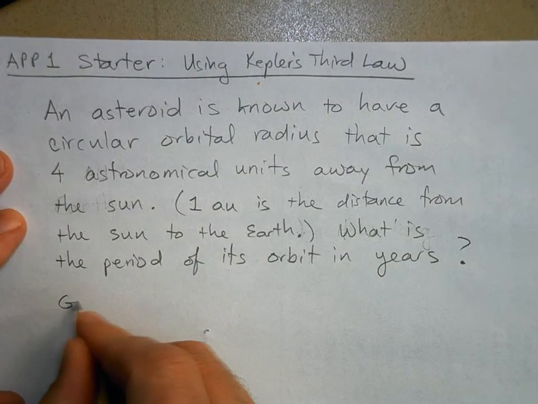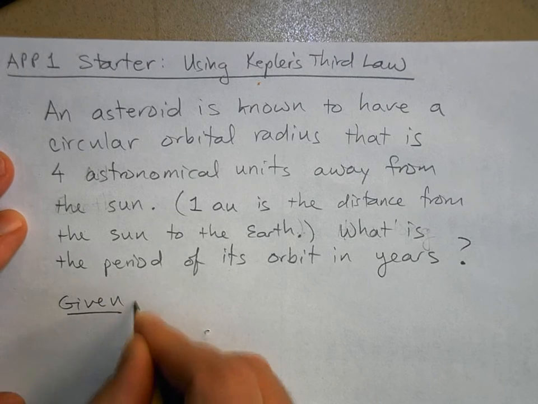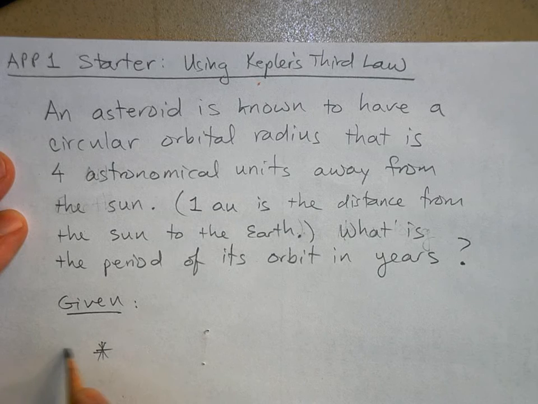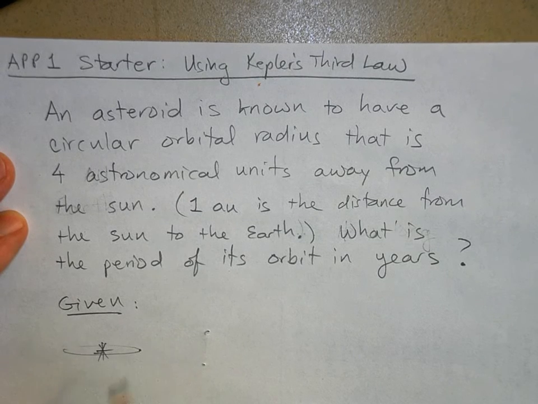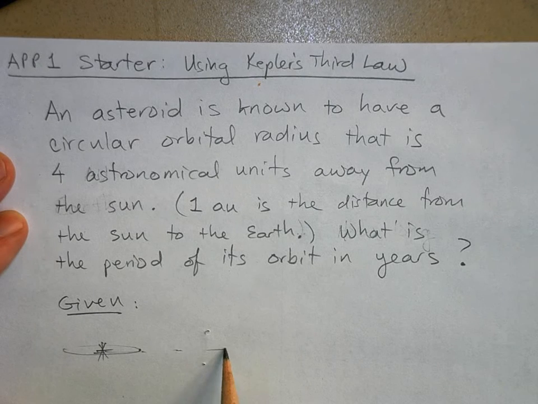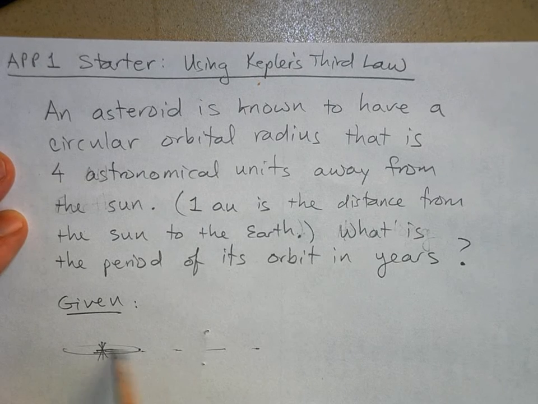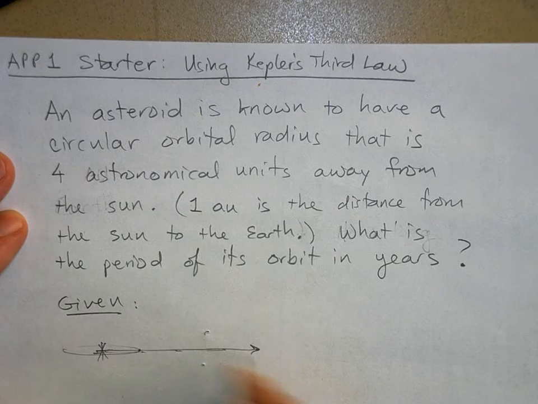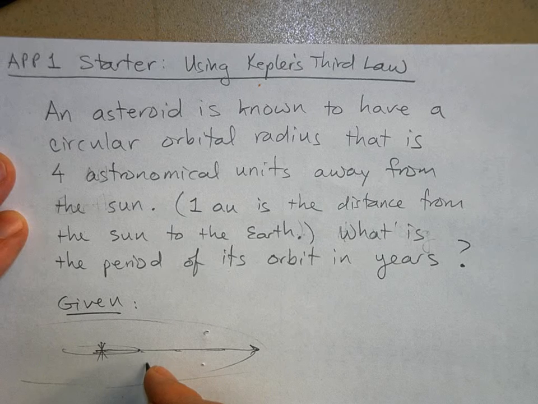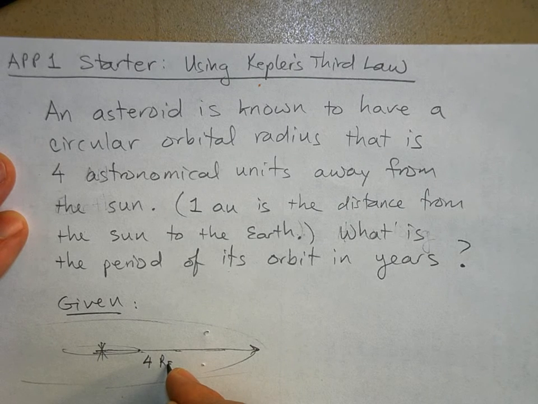Okay, so let's give it a shot here. I like to draw a picture of it. So maybe this is the Earth, and this is 1, 2, 3, 4 times the radius of this orbit. It is 4 times the radius of the Earth's orbit.